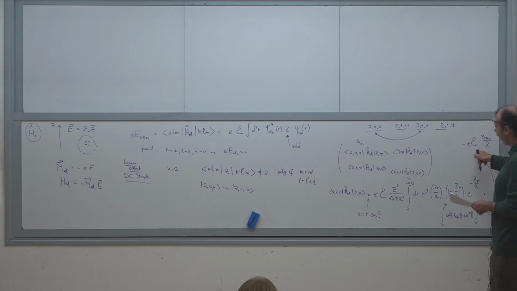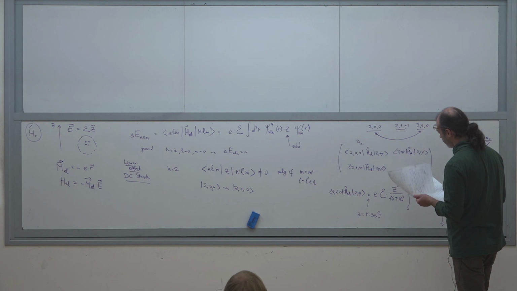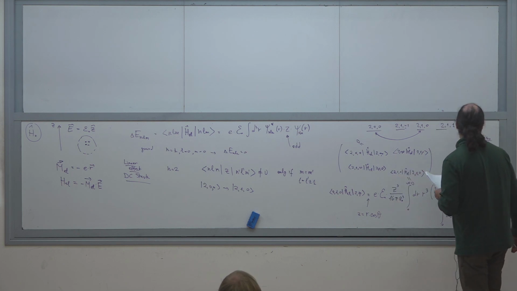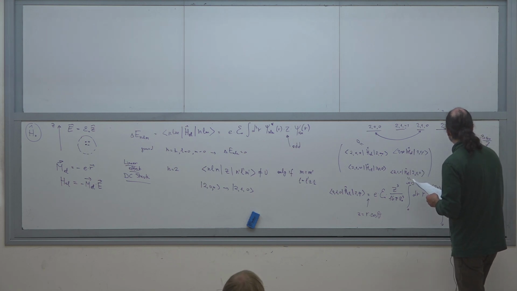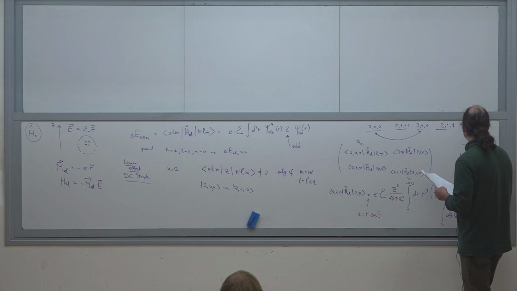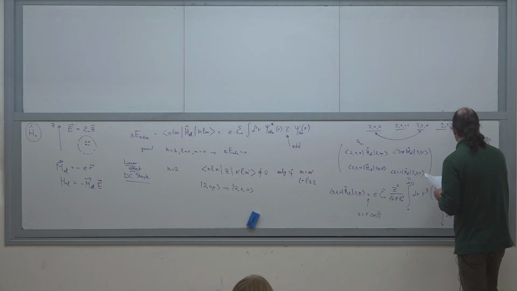That's essentially the answer. So this is how this integral looks. Let's say D is equal to 3 times the Bohr radius divided by Z, multiplied by E. That would be the dipole moment.